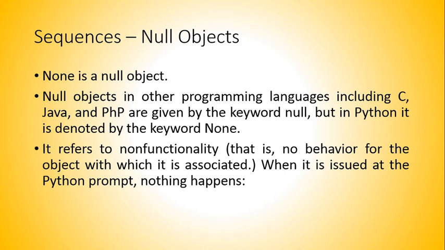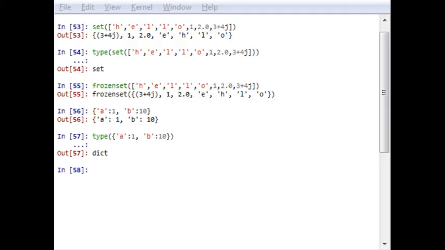When it is issued at the Python prompt, nothing happens. For example, A equal to None will do nothing. To see how it works, let us go to the Python console, write None, and check its type. It is NoneType. That's simple.